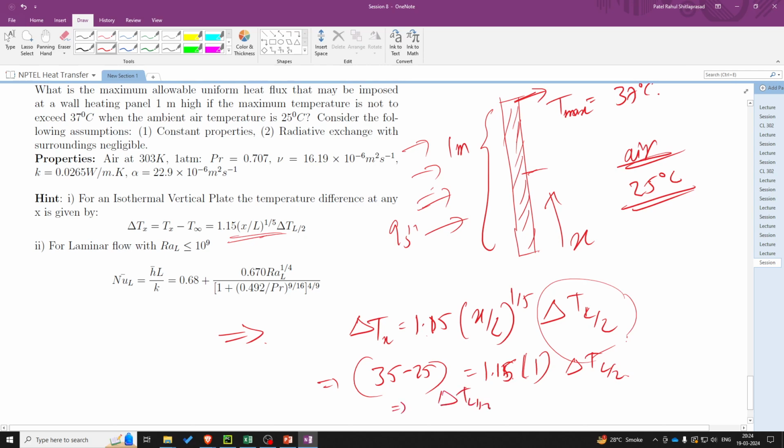So delta T at L by 2 is 10.14 degrees Celsius.